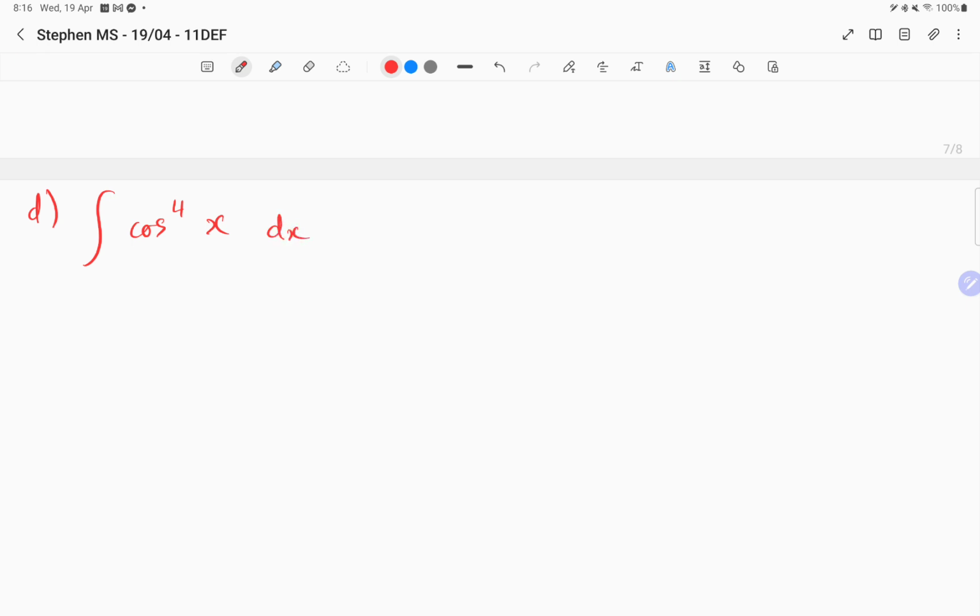So the best thing I can do is the antiderivative of cos squared x, everything squared, dx. And given what we found earlier, cos squared x is cos 2x plus 1 over 2. So chuck that in there.